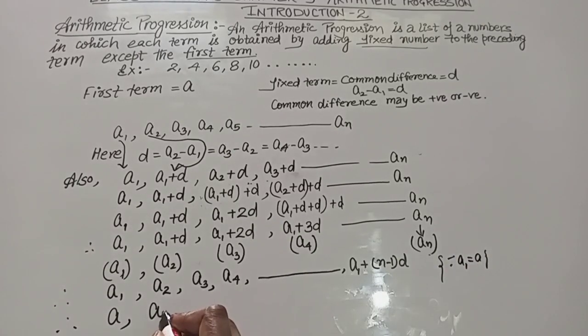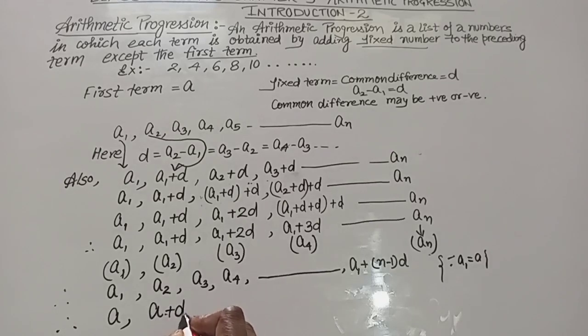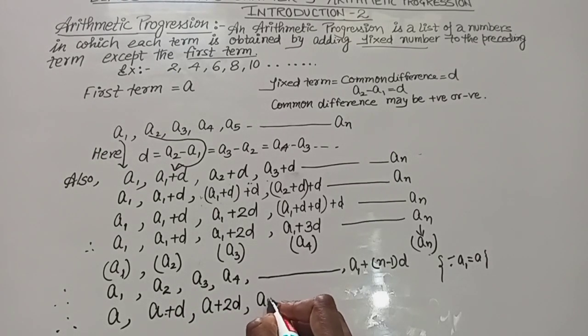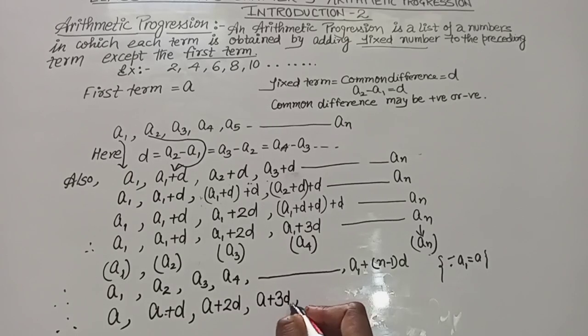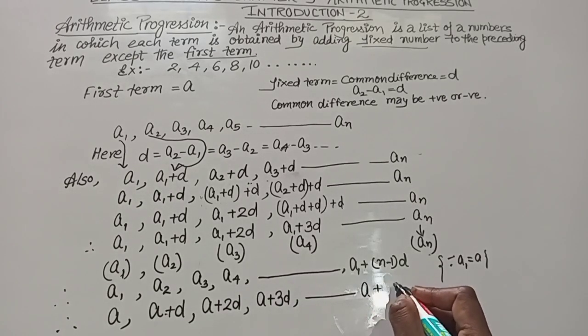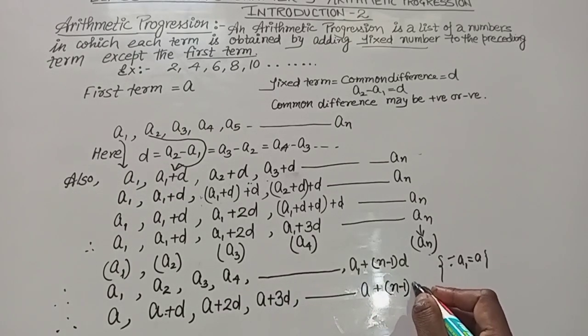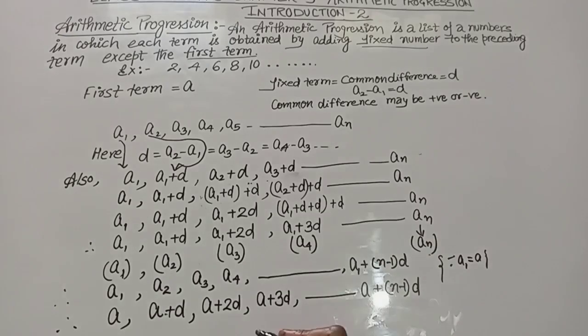Then a plus d, a plus 2d, a plus 3d, and so on, a plus (n minus 1) into d. This is our series.